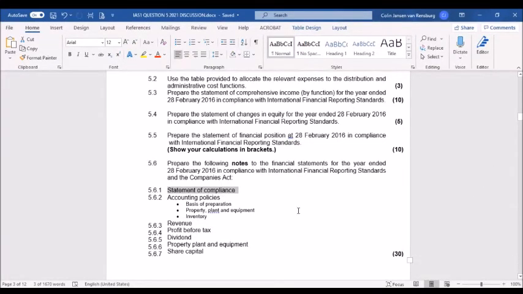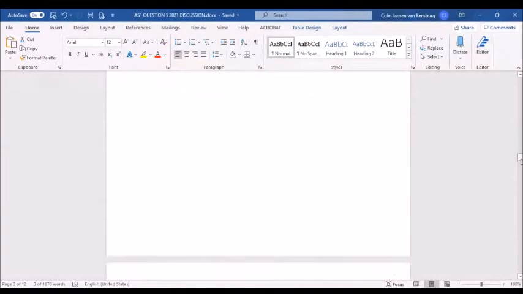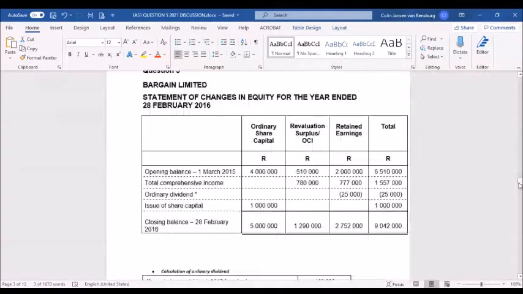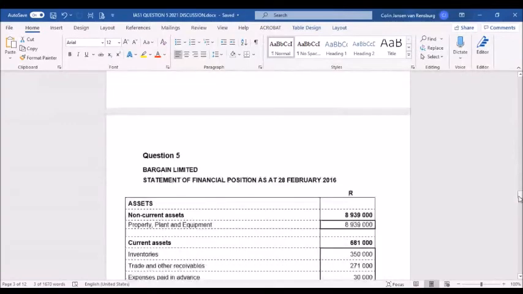Now, you remember when we went through the theory of IAS 1, we said that IAS 1 requires a company to state the fact if they are compliant with the IFRS, with the International Financial Reporting Standards. So this is a positive statement that you make as an accountant. So let's go down to our notes.